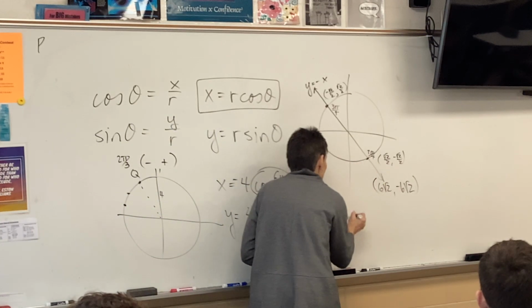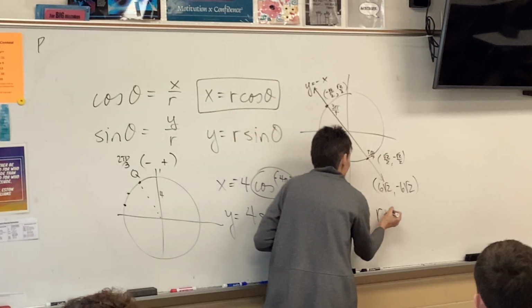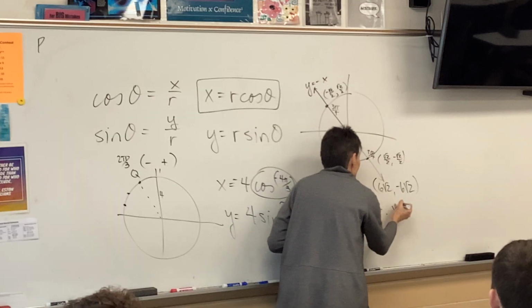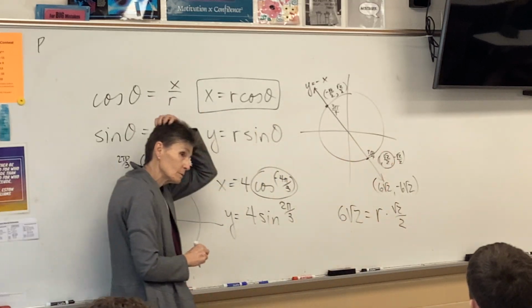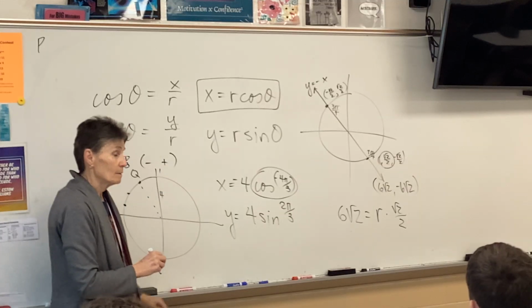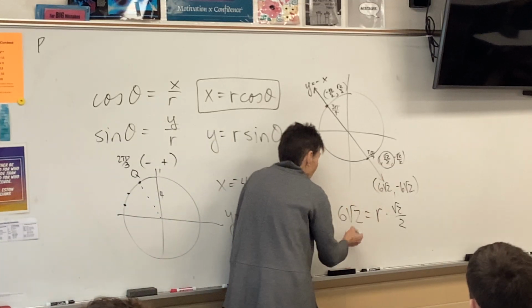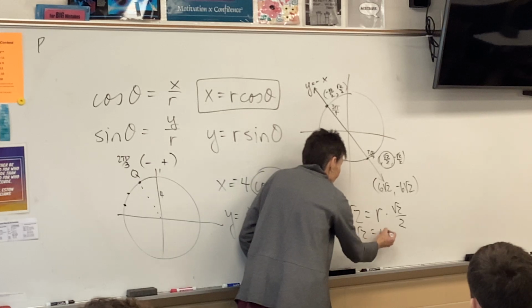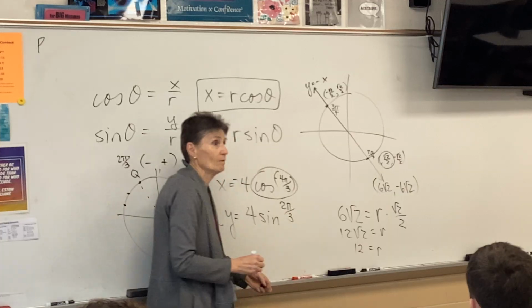So if 6 root 2, that is x, has to equal r times the cosine, which is root 2 over 2, then I can solve for r, doing exactly what he said. I'll multiply by 2 and divide by root 2, so r is 12.